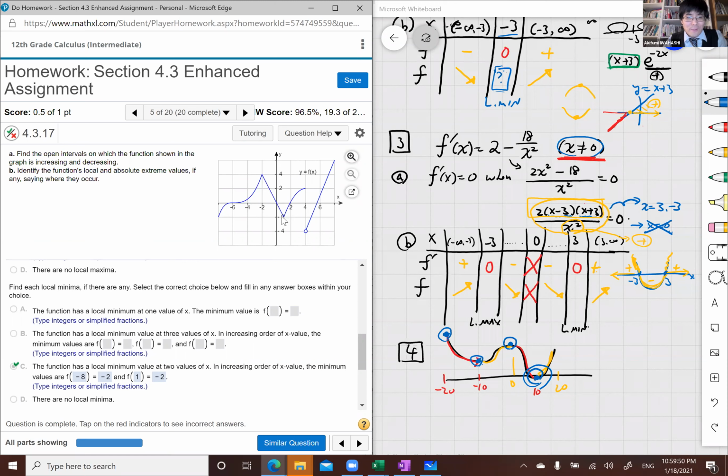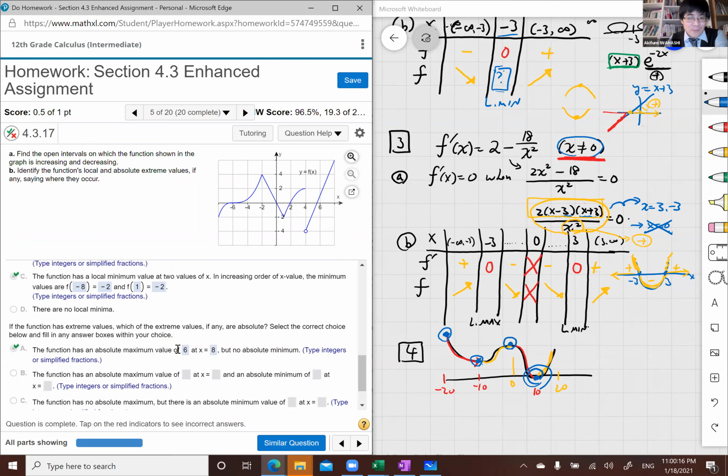This is a local minimum. This one looks like a local minimum, but there's no point here. So (4, -4) is not included in the graph, so this is not considered a local minimum point of the graph. So there are 2 local minimum points.